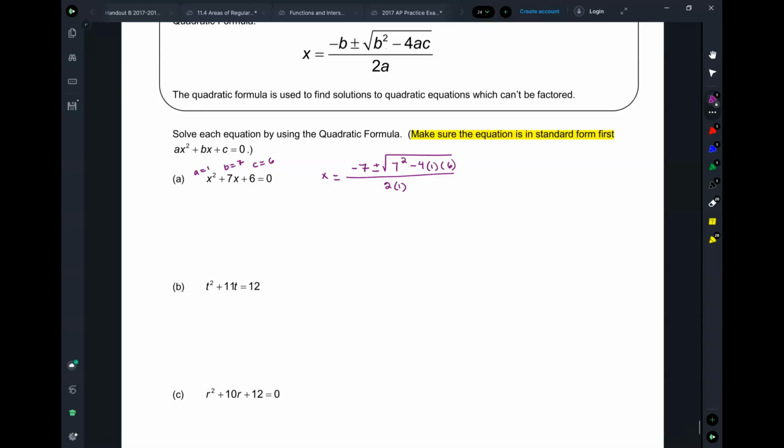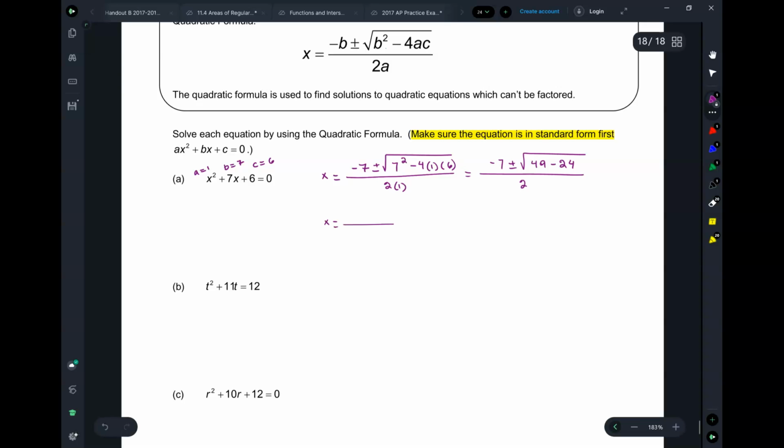Now we do this. Negative 7 plus or minus the square root 49 minus 24 over 2. You guys with me so far?